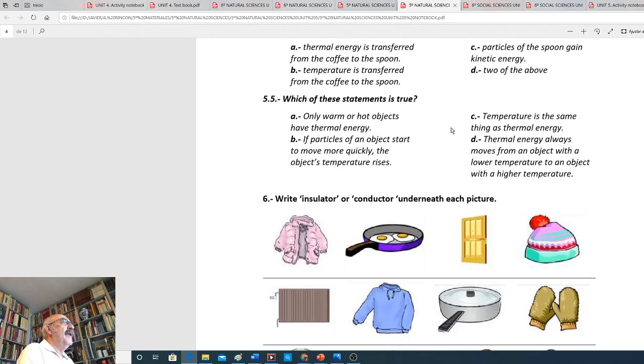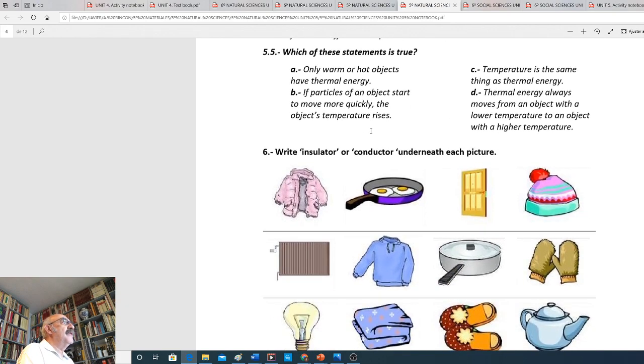Very good. So 5.5. Which of these statements is true? A, only warm or hot objects have thermal energy. B, if particles of an object start to move more quickly, the object's temperature rises. C, temperature is the same thing as thermal energy. We know that this is wrong.